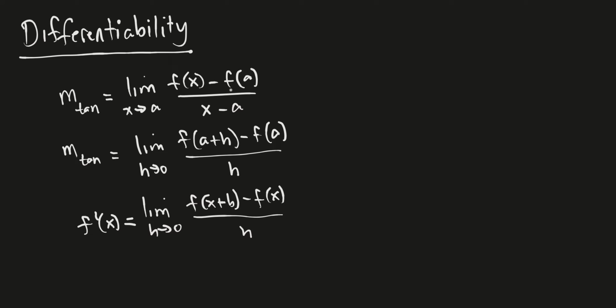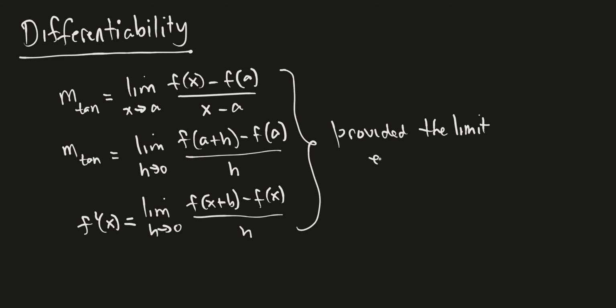But the one thing, if you remember, every time we wrote down one of these limits, there was a little disclaimer or caveat saying that, whatever we're going to call this thing, whether it's just a number that represents the slope of a tangent line, or this function that we're going to call the derivative, we always ended our definition with the phrase, provided the limit exists, right? So provided the limit exists.